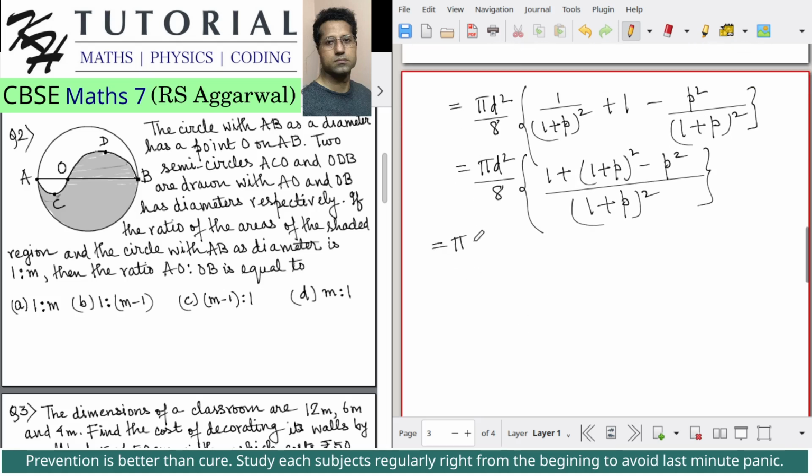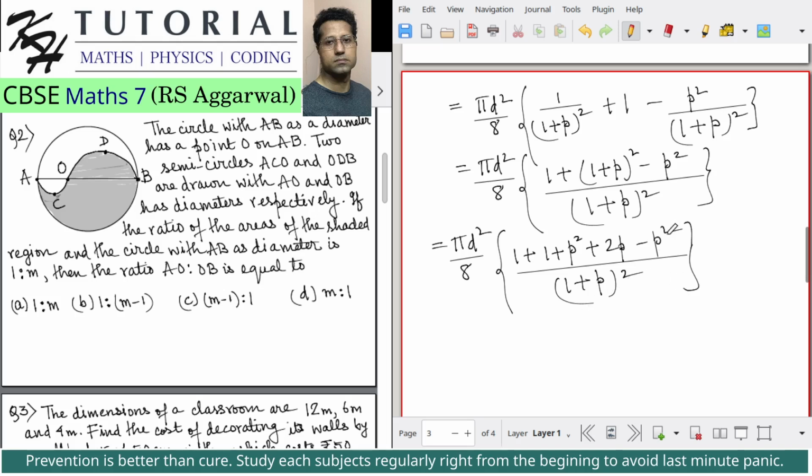This is equal to pi d square by 8, and if I expand (1 plus p) whole square, I have a square plus b square plus twice ab, using that algebraic identity. So p square cancels out, and this is equal to pi d squared by 8 into 2 plus twice p, over (1 plus p) whole square.